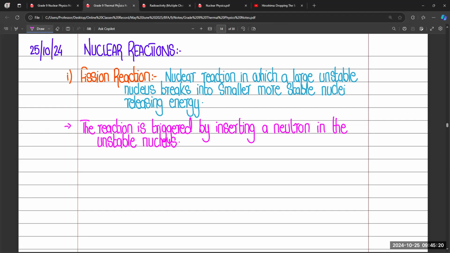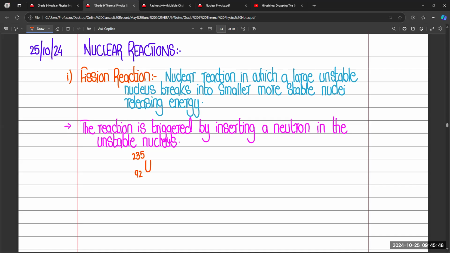So initially we take uranium, because uranium is an unstable nucleus. Uranium 92, 235. So initially we have uranium, and this uranium is a large unstable nucleus.